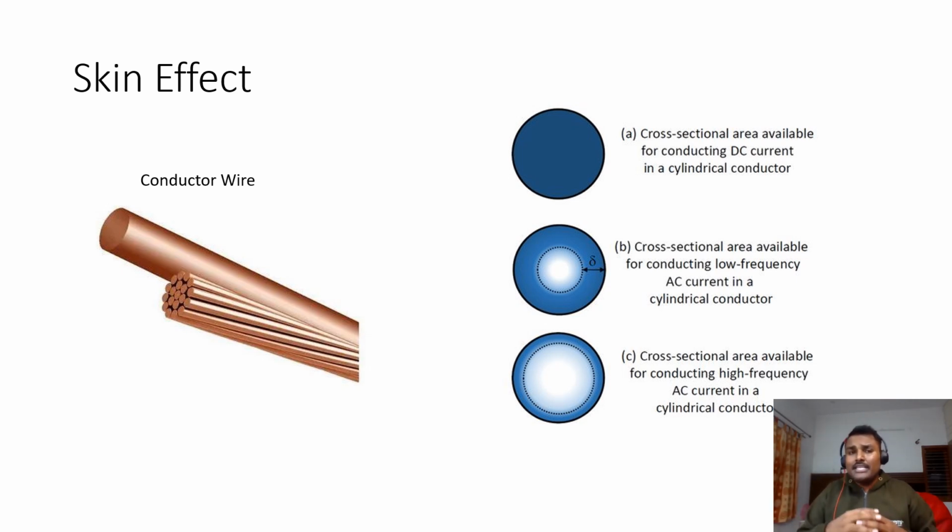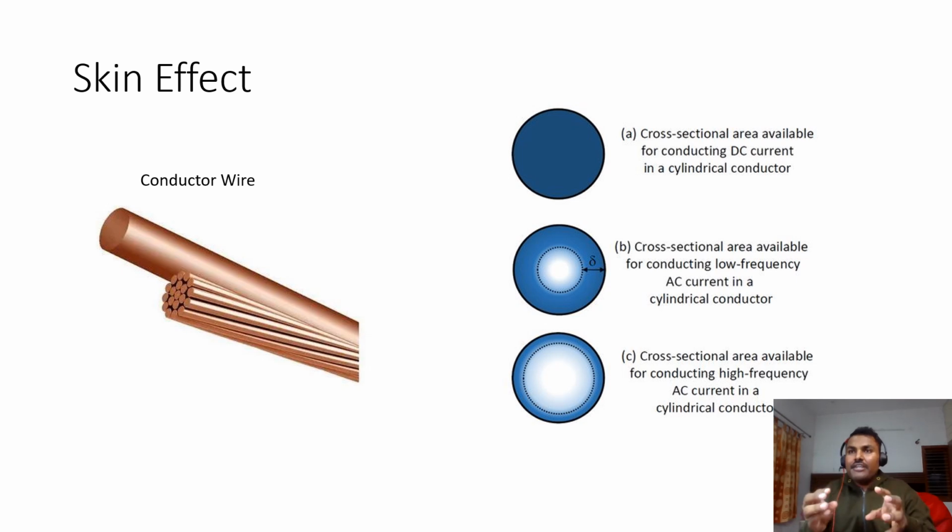Coming to AC, AC has a frequency, so if AC current is fed, the full cross section area will not be utilized. That is what we call the depth. It depends on the frequency. If we pass higher frequency AC current, the current flows in the edges of the cross section area.